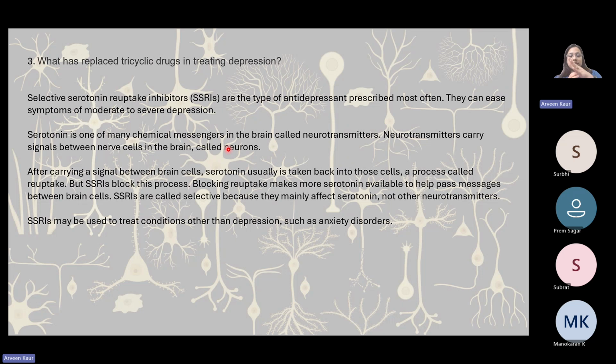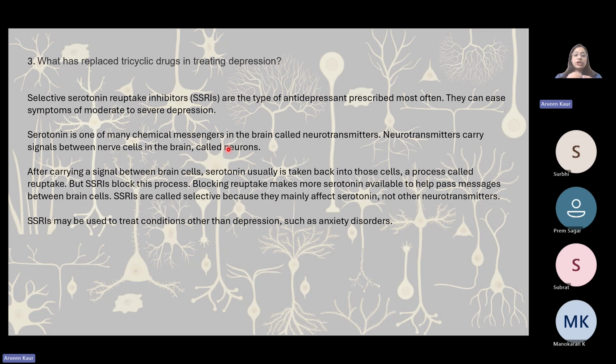Neurotransmitter is released from the presynaptic neuron. It goes into the synaptic cleft and it is uptaken by the postsynaptic neuron. There are receptors on the postsynaptic neuron which uptake this neurotransmitter, and it further transfers the message that was to be carried, right?